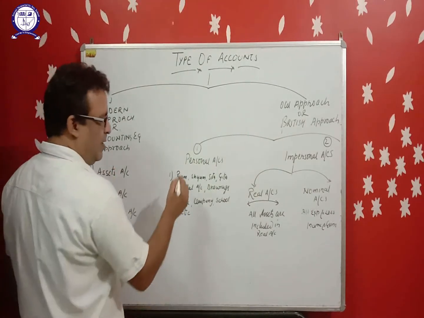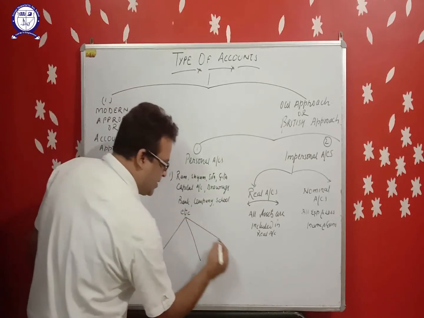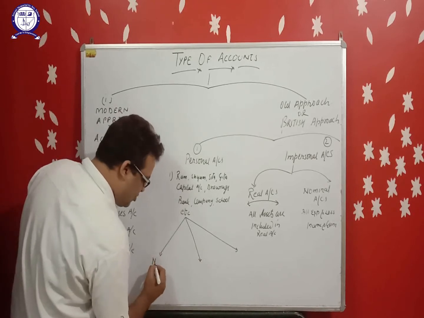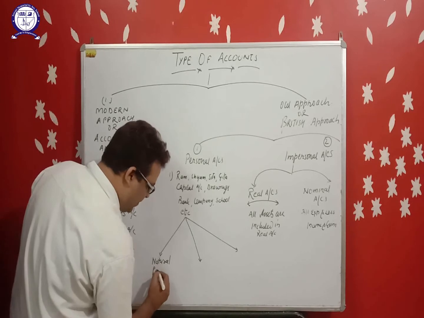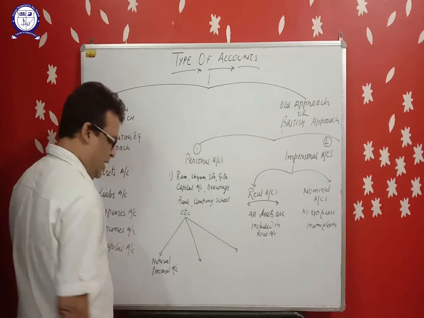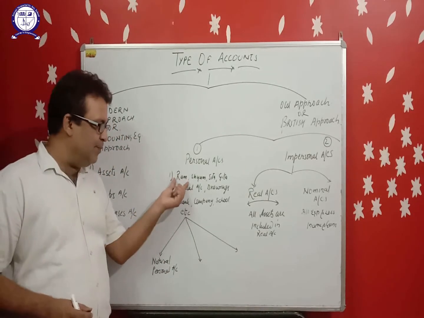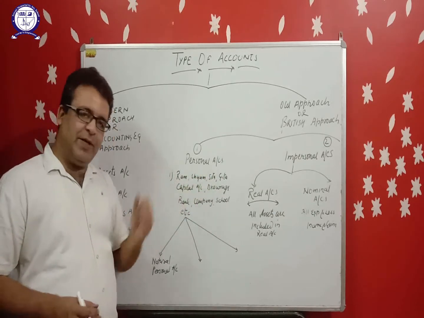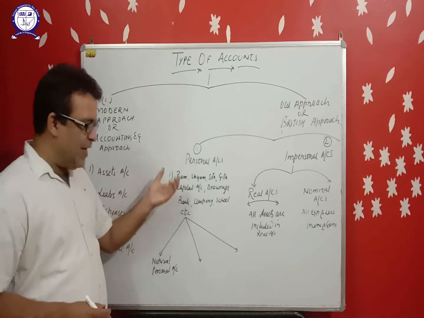Further, personal accounts can be classified in 3 parts. Number 1, natural personal account. Natural personal account means the accounts of natural persons. Ram, Sham, Sita, Gita are natural persons who can walk, talk and eat.